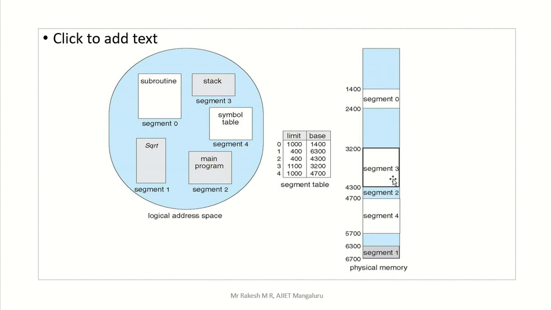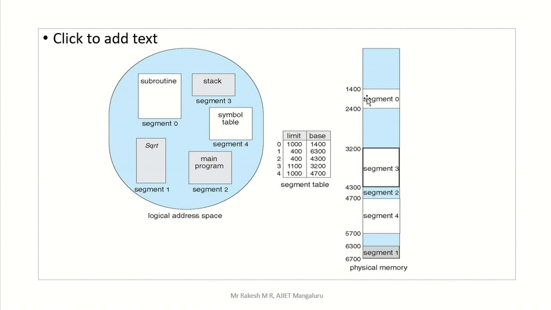Like this we are going to divide segment-wise and store in memory. Segments may be of different sizes, you can see this. The stack is small, the symbol table is another size, this is another size. So we are going to save the entire segment in memory. We are not dividing segments again.